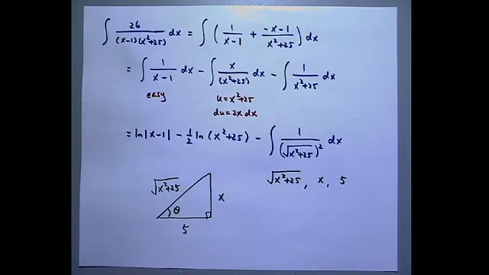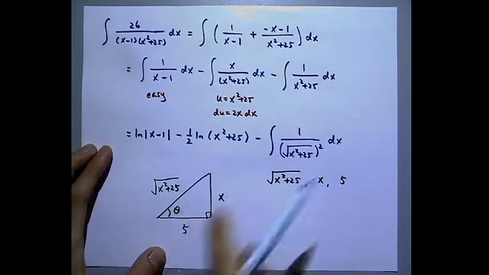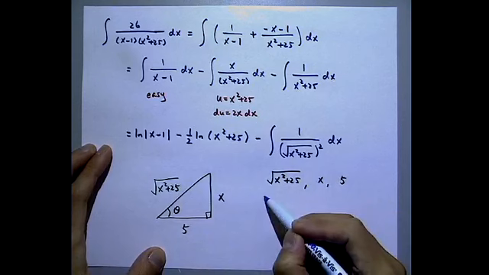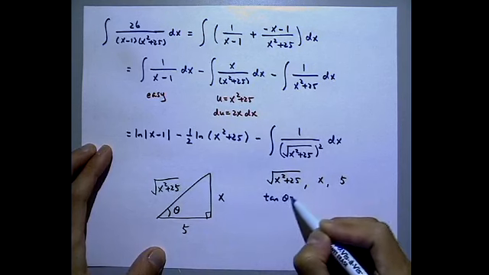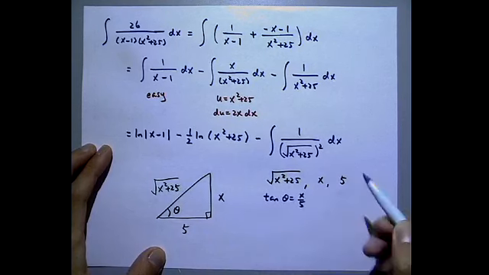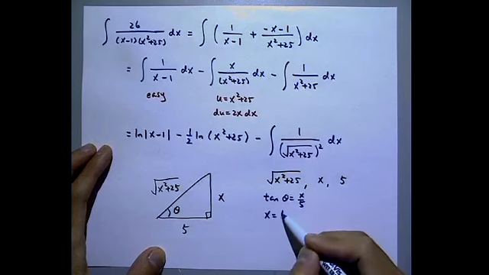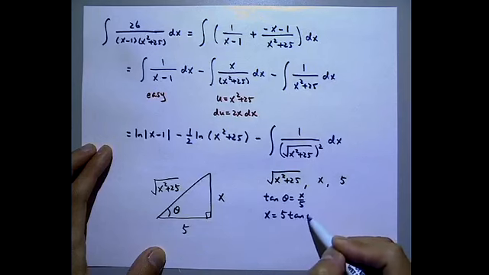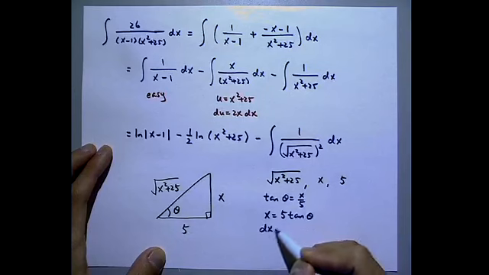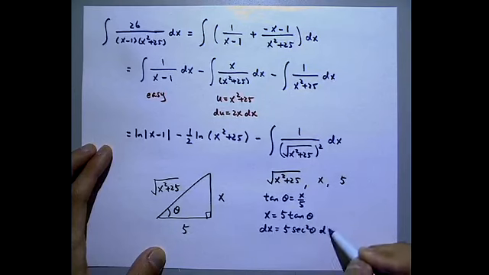All right, now we relate x to theta, so it looks like a tangent. So x is 5 tangent theta. dx is 5 secant squared d theta.